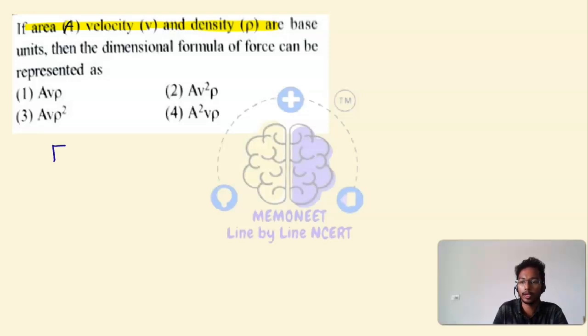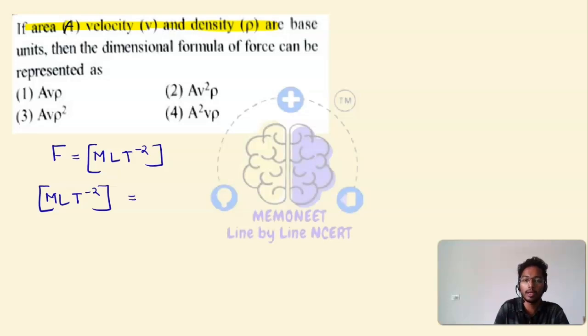Let's say for force we have the dimensional formula M L T to the power minus 2. For this, we have to arrange these three units. For the area, its dimensional formula is L square.